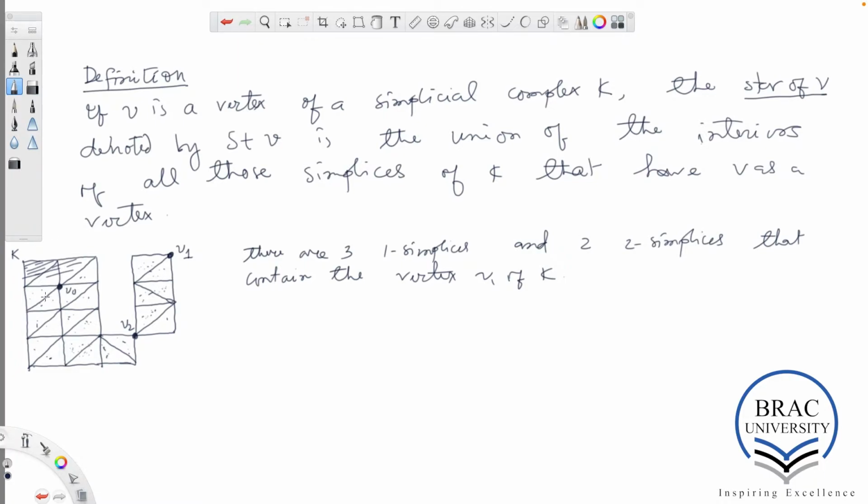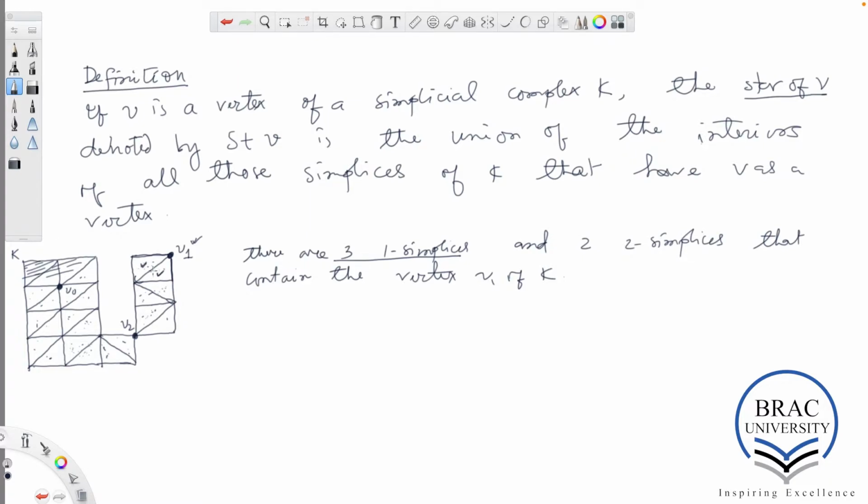This is the vertex v1. This edge contains v1, this edge also contains v1, and this edge also contains v1. So there are three one simplices altogether which contain this common vertex v1. And this is a two simplex.